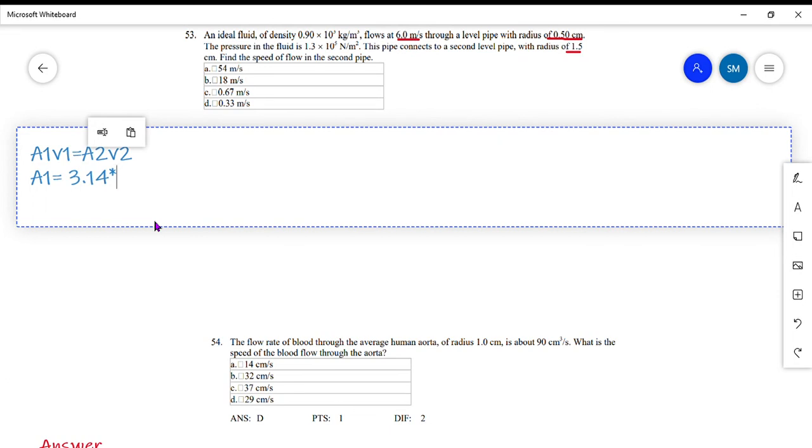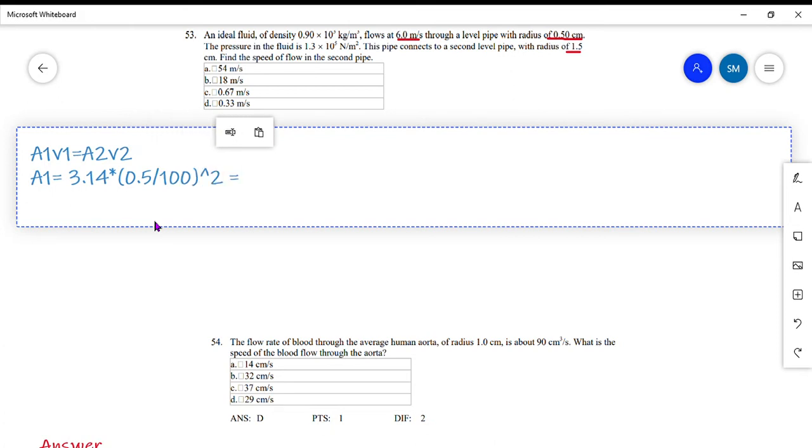It will not change anything, but to make it easier to understand, we will convert it: 0.5 over 100 to the power 2.